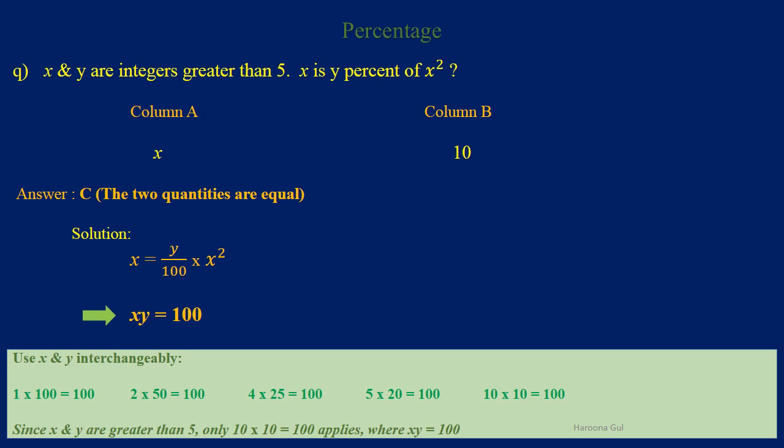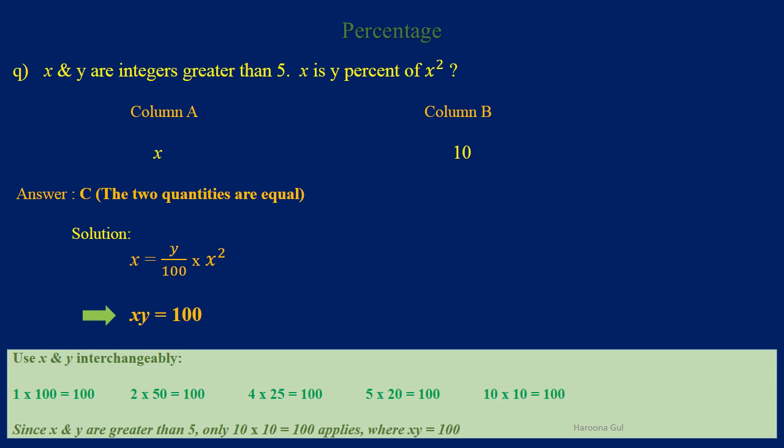Now what is going to be our value for x? That's so interesting. See the table. Now we can use x and y interchangeably, right? Because we've not been given the value of y or x. So since x and y both are integers, 1 into 100 is 100, 2 into 50 is 100, 4 into 25 is 100, 5 into 20 is 100, and 10 into 10 is 100.